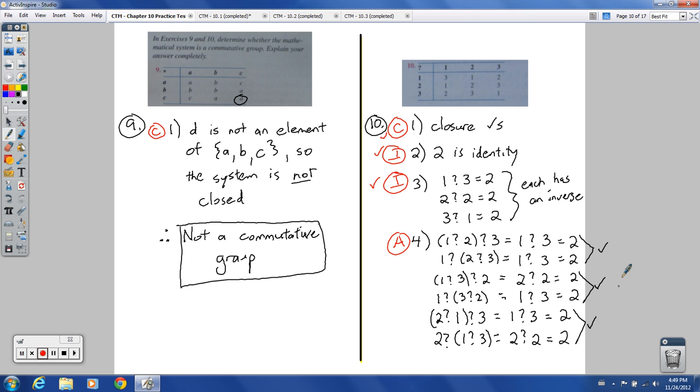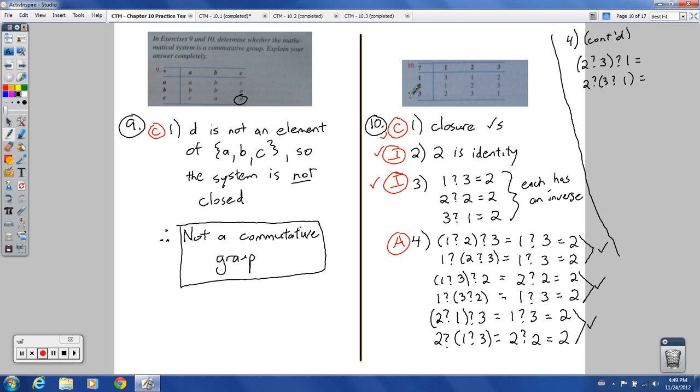So I'm going to continue this idea up here. So this is part 4 still continued. So let's check out now (2 question mark 3) first, and then 1. See if that's the same as 2, and then (3 question mark 1) first.